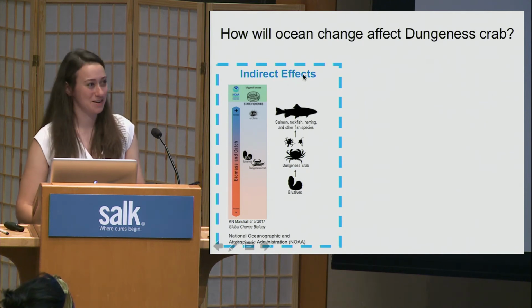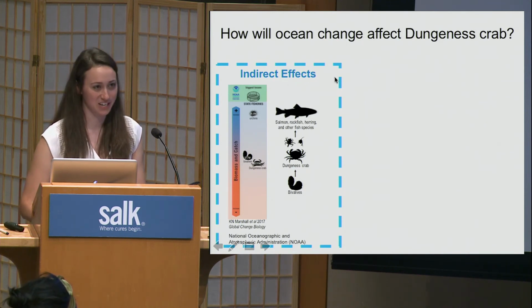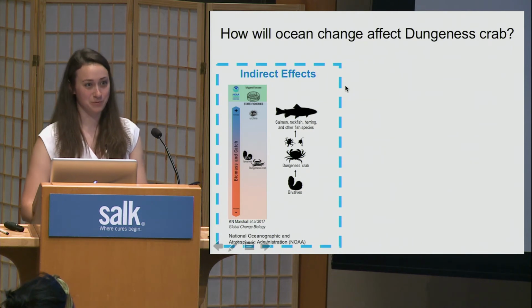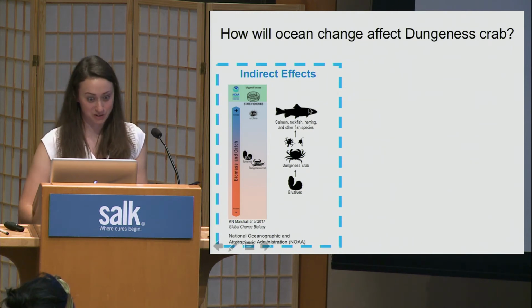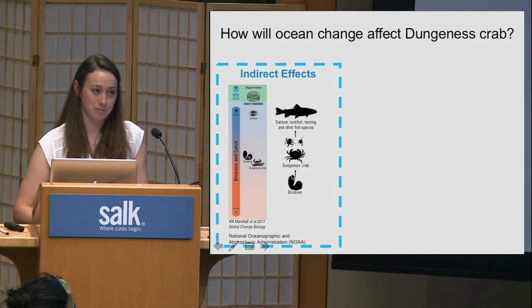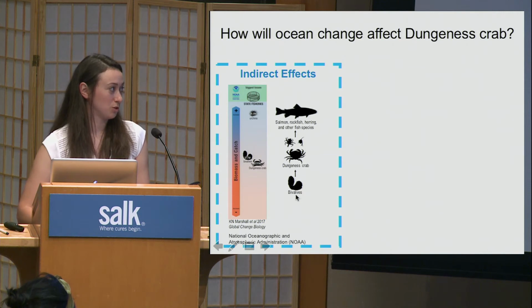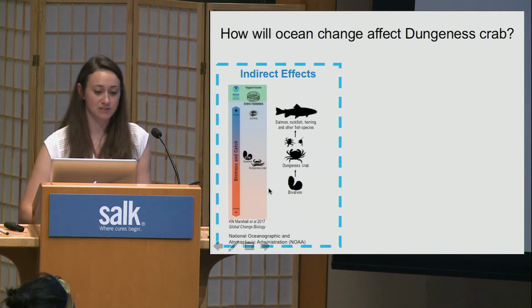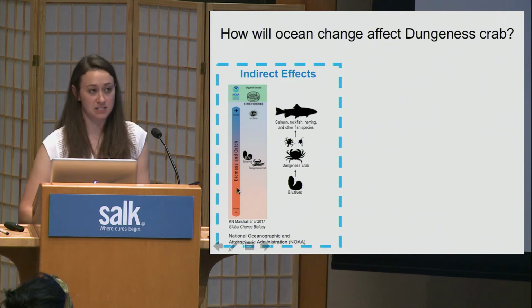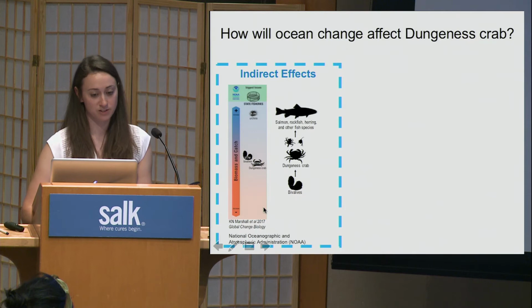The Dungeness crab brings in about $200 million annually and is considered the highest valued fishery on the West Coast. And the Dungeness crab feed on bivalves, and bivalves show sensitivity to low pH water. Because of that, this modeling study done by NOAA has predicted a decline over the next 50 years in biomass and catch for the Dungeness crab.